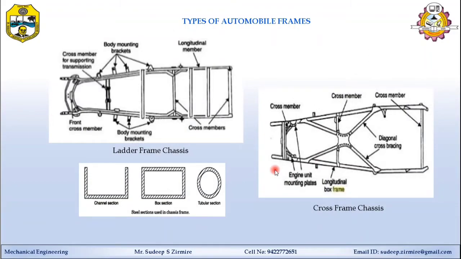Hello friends. In this point we are going to learn about the types of automobile frames. There are different types of frames used in automobile vehicles, but the most commonly used frames are: the first one is called the ladder frame or box type frame, and the second one is called the cross type frame or X split frame. So first, here you can see the front cross member.